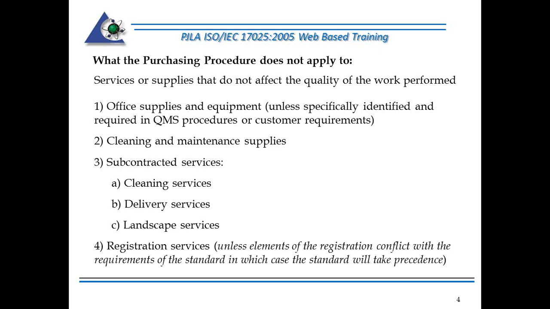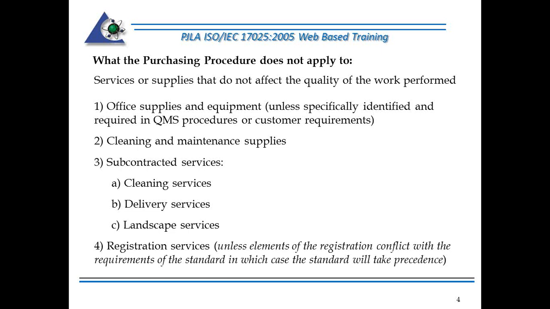For instance, if an organization is registered to ISO 9000 and also accredited to 17025, the purchasing procedure should identify the accrediting body as one element that affects the quality of the test and measurement results, again, because the traceability of those results is established through the accreditation process, which is managed by the accrediting body.